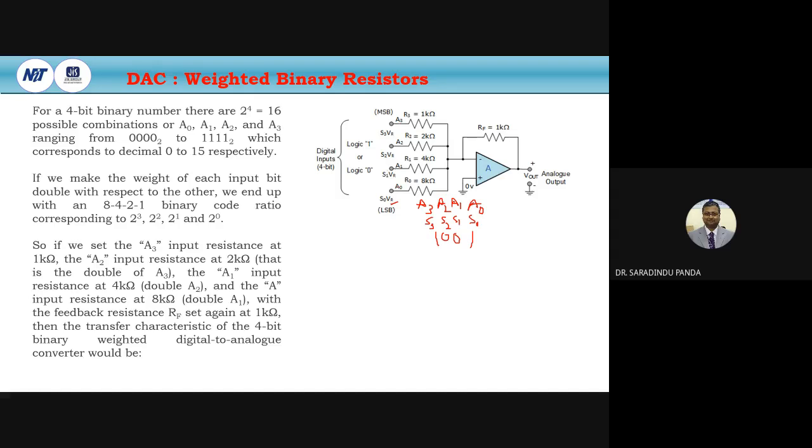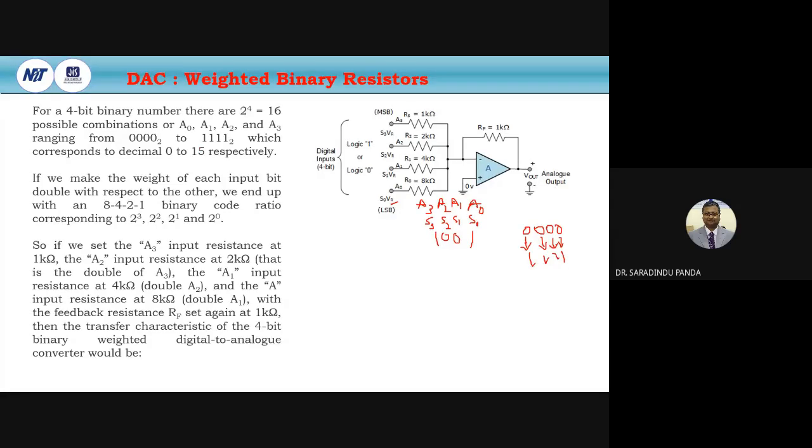So this combination of A0, A1, A2 and A3 will range over the input voltages 0, 0, 0, 0 up to 1, 1, 1, 1.